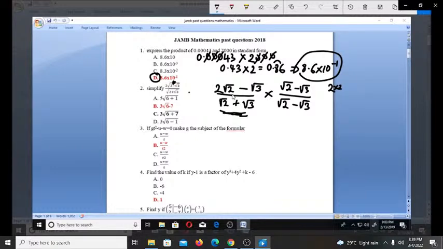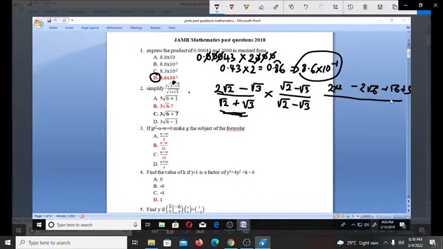It's going to give us minus 2 root 6. Now we also multiply this times this, root 3 times root 2. It will give us plus root 6. Now root 3 times root 3 will give us normal 3. So this will give us plus 3.